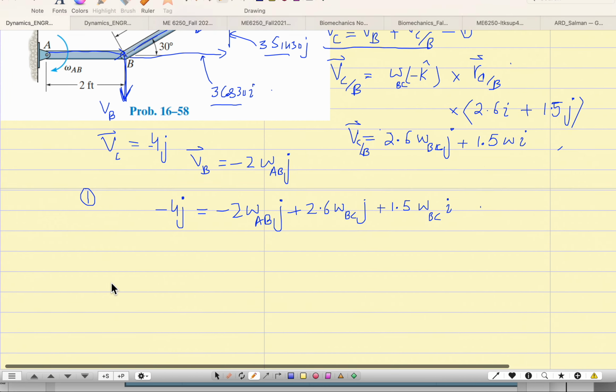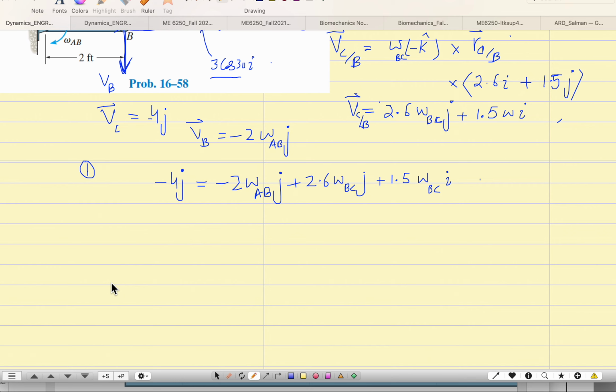Now compare the components. You will have many unknowns in this case, so compare the i and j components separately.